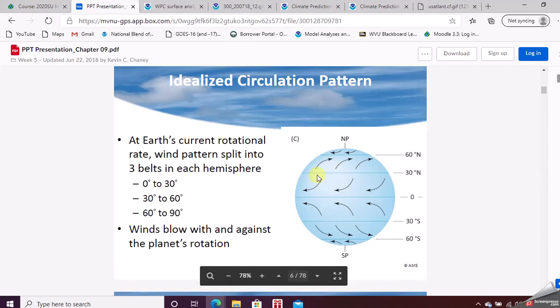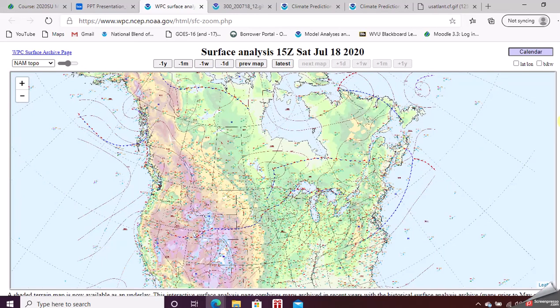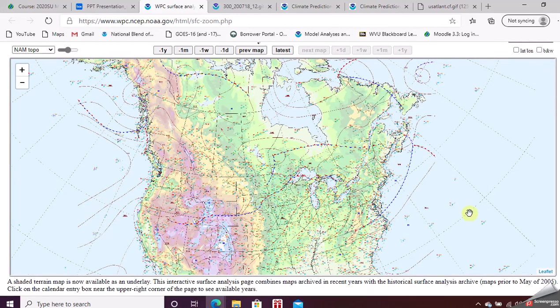So with that in mind, what does that actually look like on today's weather map? Well, let's take a look. 30 degrees is down right around in here. This is a surface weather map, and there is high pressure right across here.